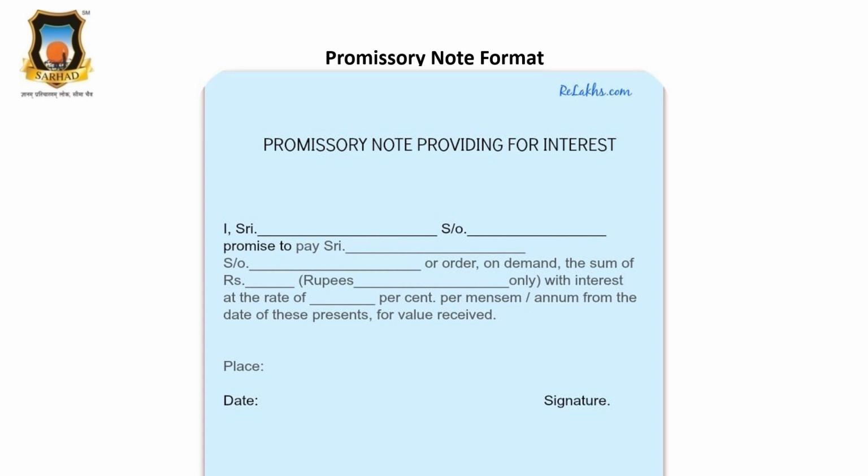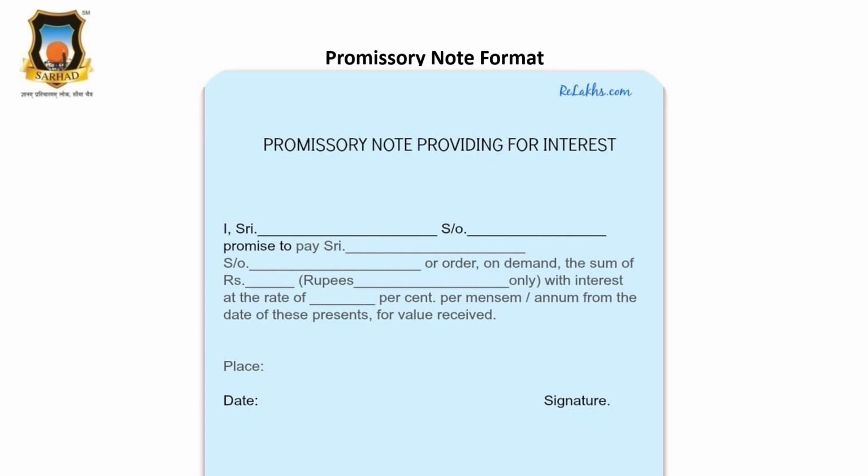Here we fix the amount. The rupees must be in figures and also in written form, with interest at the rate of a percentage, which must also be mentioned, per month or per annum from the date of these presents for the value received.